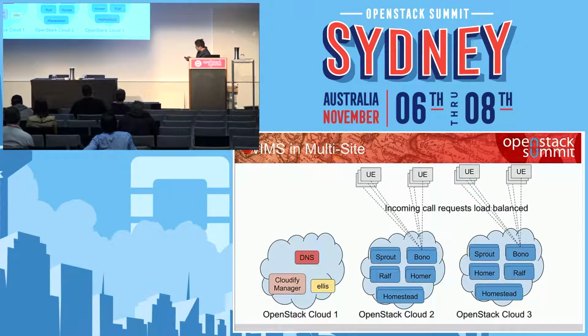All the traffic will be incoming by DNS, so it will be load balanced first. And then if part of them stopped, the session will be reconnected to another Bono.